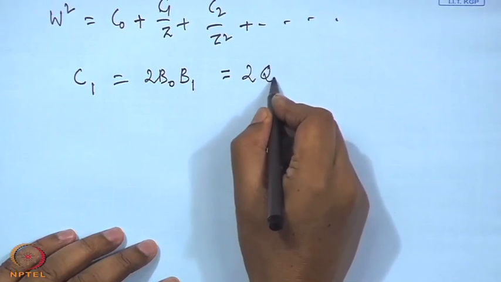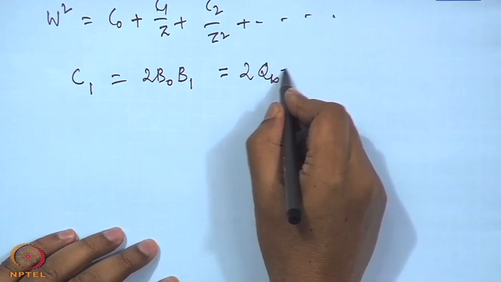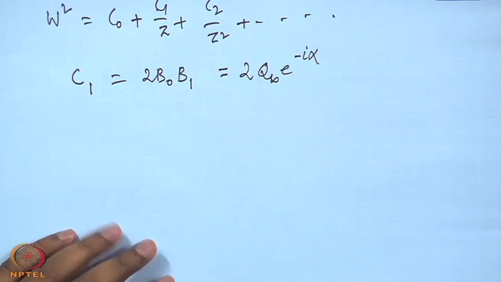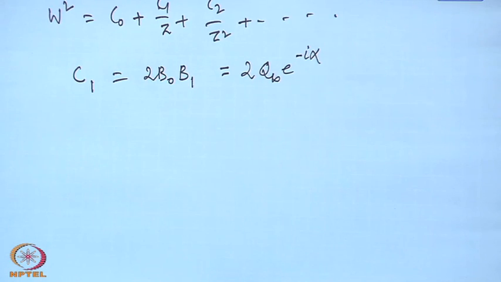B1 is m by 2 pi, and considering a clockwise vortex, it is minus I gamma by 2 pi.